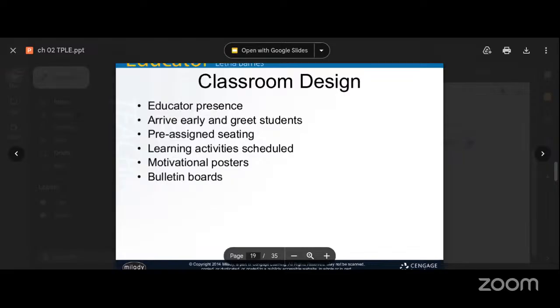Pre-assigned seating, even if you don't do individual seating, I would like you to consider this factor. As they all come in, you can give them a color like red, green, black, or red, green, blue, or just red versus green. Randomly let them pick.